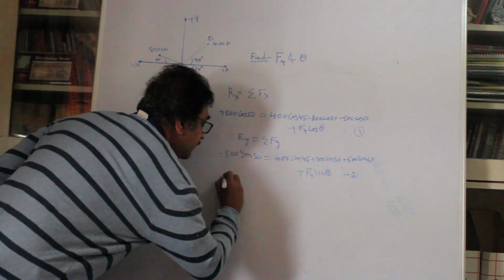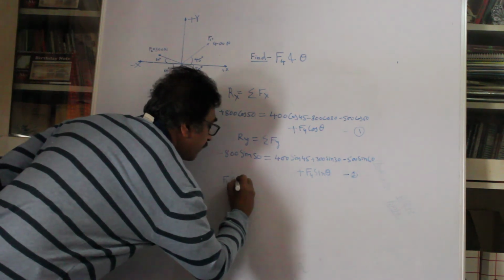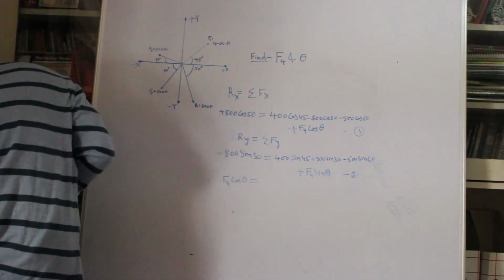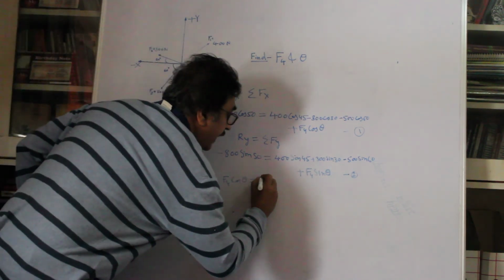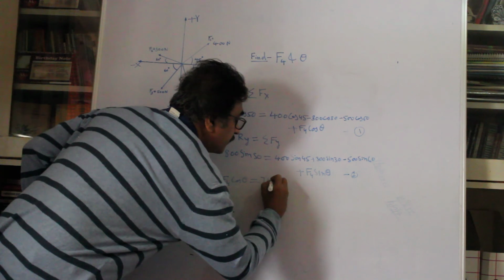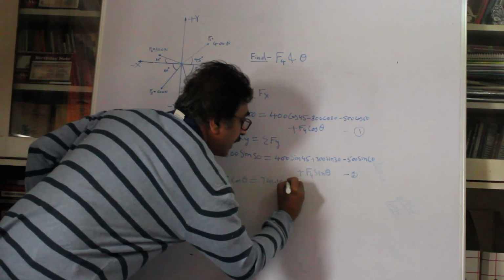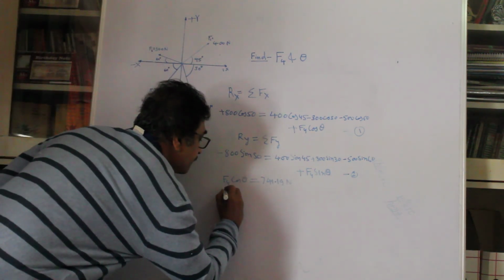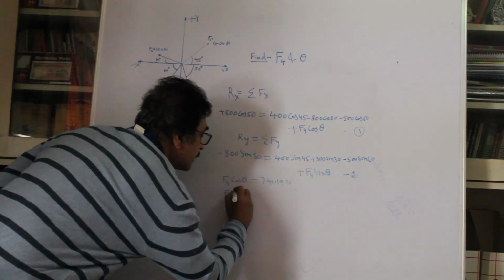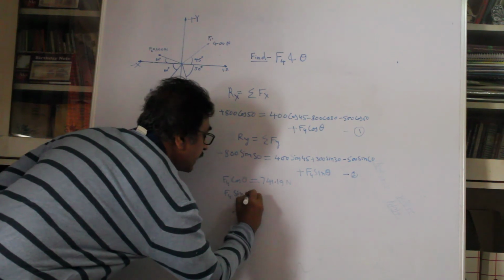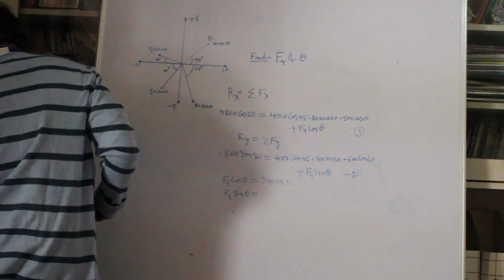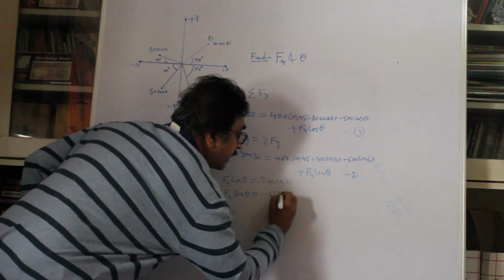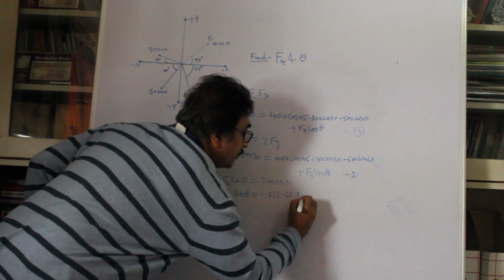So after solving them, you get F4 cos theta as 741.19. And this is positive. Please note, this is positive. And F4 sin theta is minus 612.66 newtons.